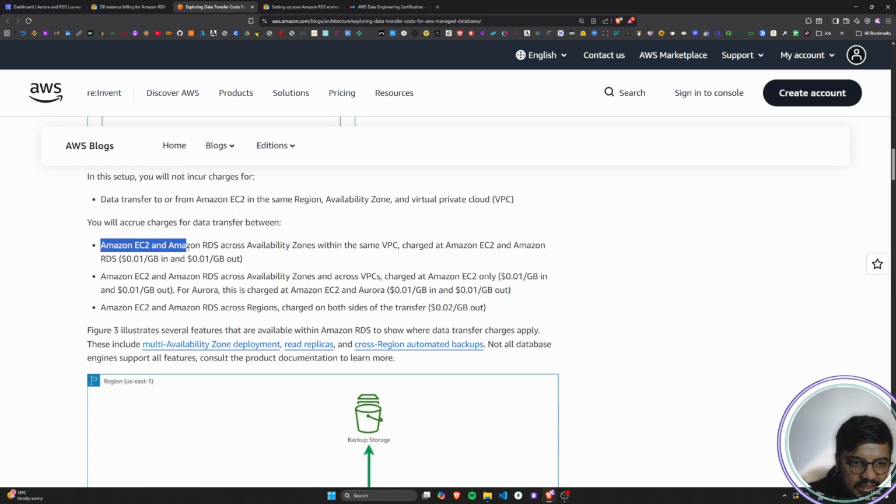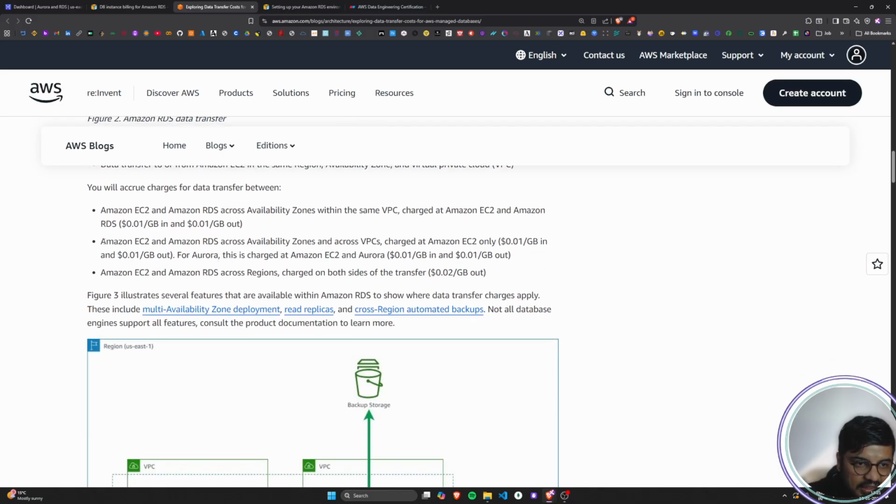Now for the data transfer charges, what will we be charged for? If Amazon EC2 and RDS are across availability zones within the same VPC, it is charged at $0.01 per GB for both the inbound and outbound data transfer.